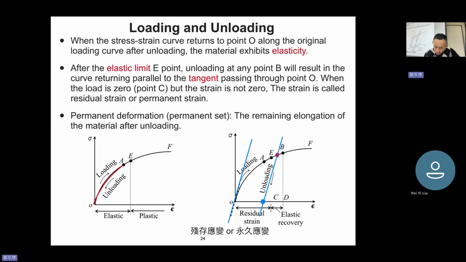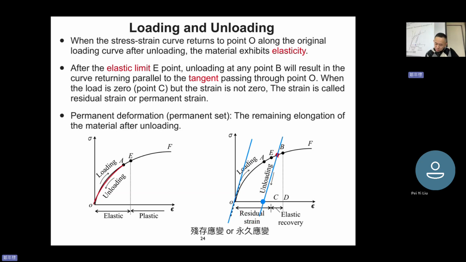This point exceeds the elastic limit, so it can no longer go back to the origin. Typically it follows the same slope as the initial slope and goes back, and the distance between that point and the origin is the residual strain.